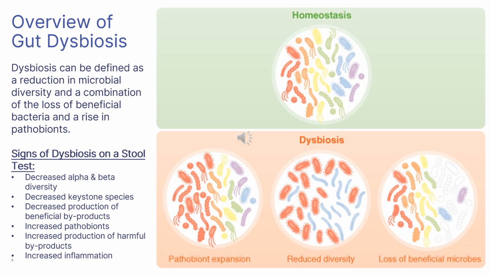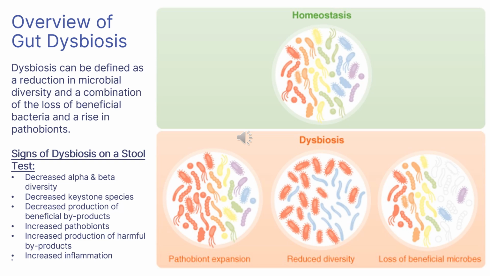If you're looking on a stool test, there are a couple of signs that you can look for that are key indicators of gut dysbiosis. For example, if you're looking at our BiomeFX stool test, you may see a decrease in alpha and beta diversity, so a decrease in both the number and quality of species in the microbiome.